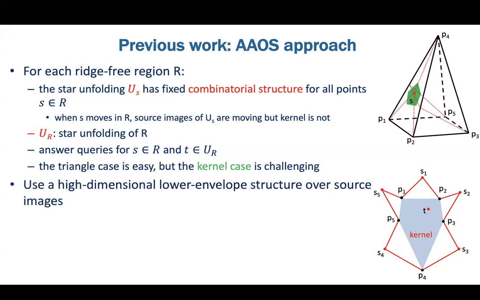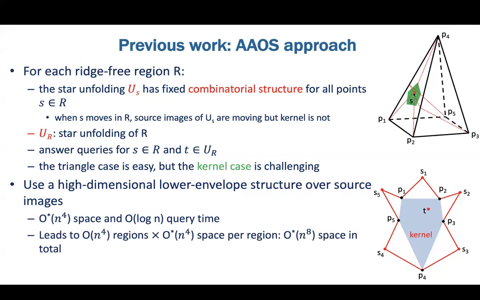We use a high dimensional lower envelope structure over source images. Namely, the distance function from each source image defines a function, and we compute the lower envelope of these functions. This takes n to the fourth space and log n query time. Because you have n to the fourth ridge-free regions, the total will be n to the eighth space.